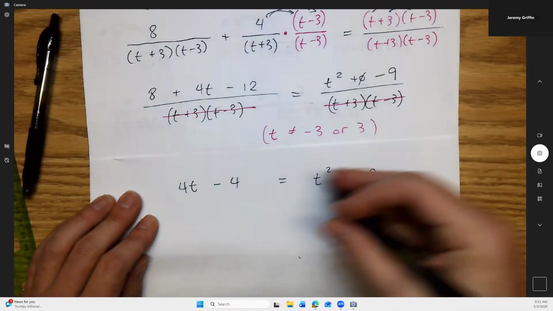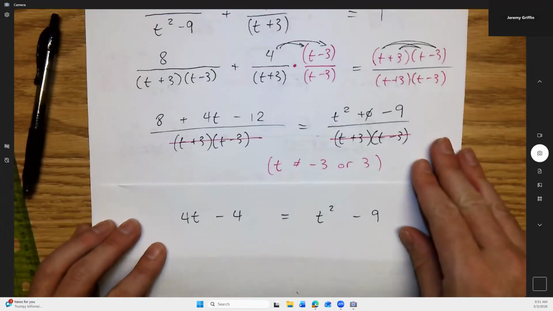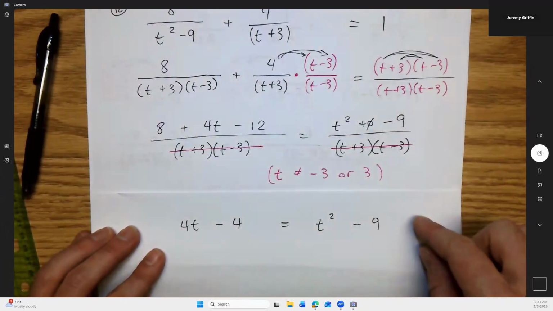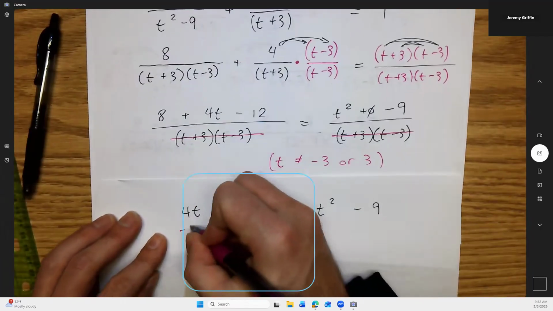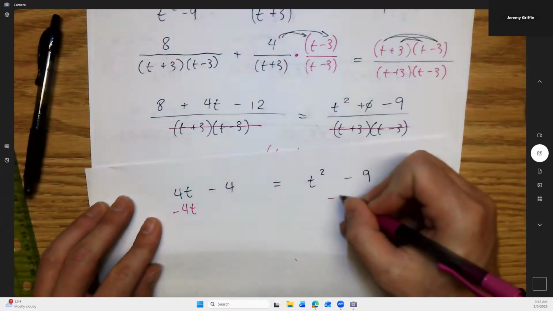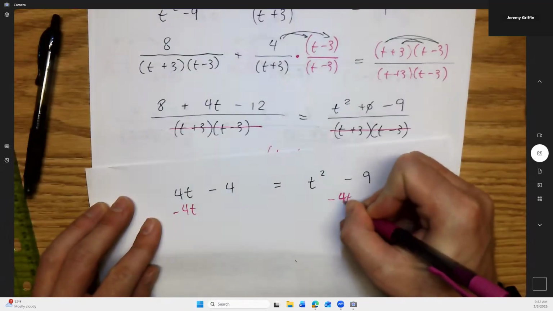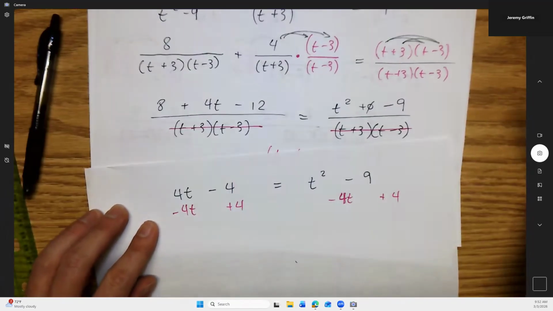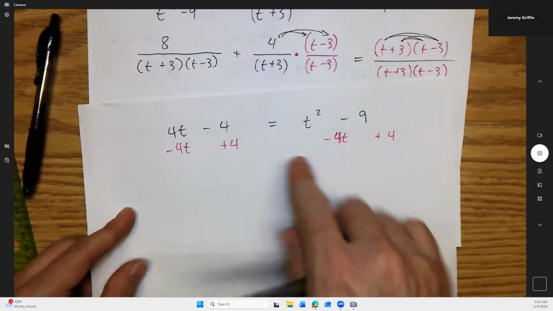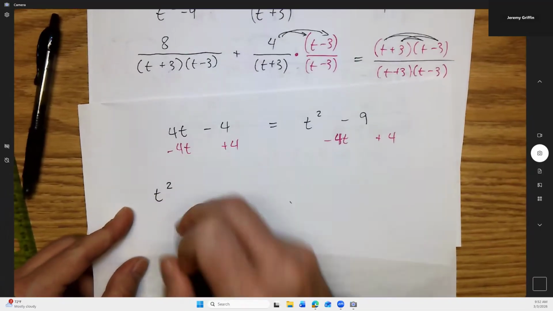So let's do this. Let's subtract over the 4t, and also add 4. Okay. So I'm going to end up with a t squared.